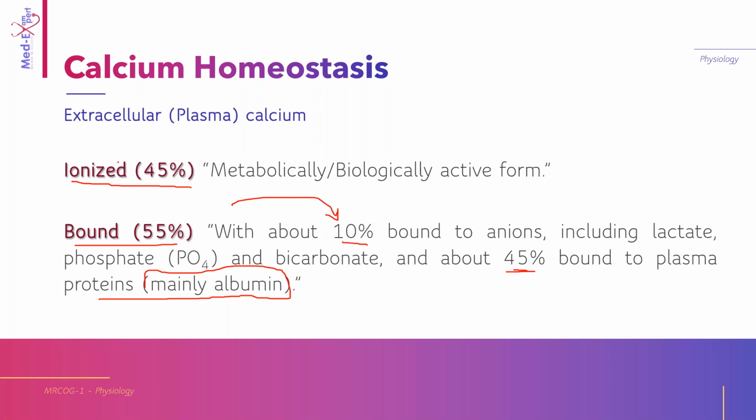So we have the ionized form, the free form, the active form, and we have the bound form, which is subdivided into 10% bound to anions, lactate, phosphate, bicarbonate, and 45% bound to plasma proteins, mainly the albumin.